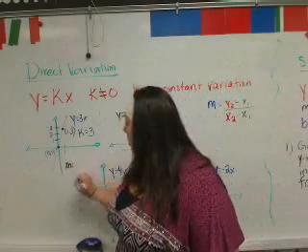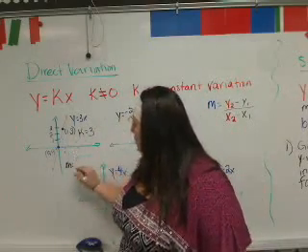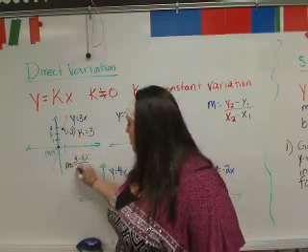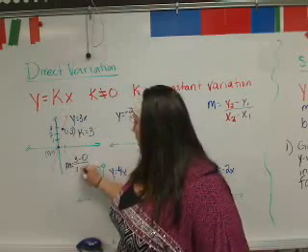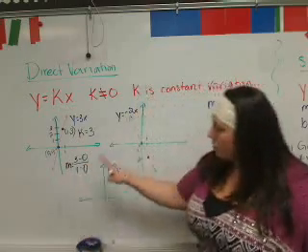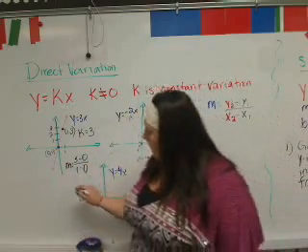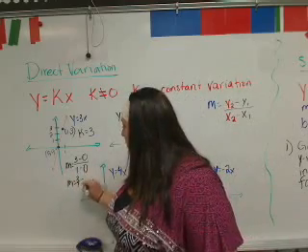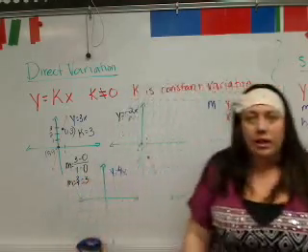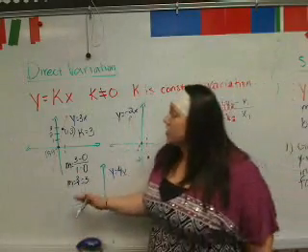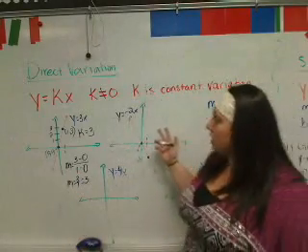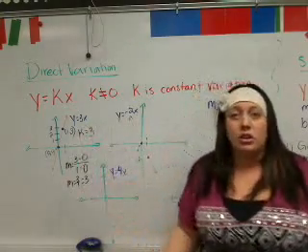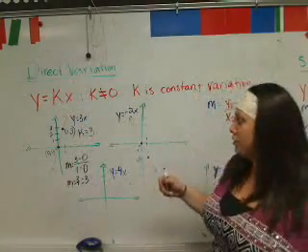So my y2 is 3, my y1 is 0, my x2 is 1, my x1 is 0. So 3 minus 0 over 1 minus 0. So that means my slope is 3 over 1, which reduces to 3. Okay? So we find a connection here that my constant variation is 3 and that my slope is also 3. We'll see if that's a trend in the future.